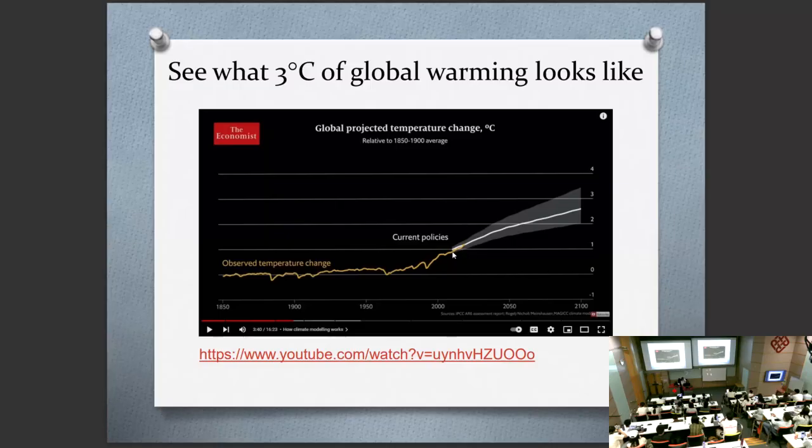If we carry on with our current policy, then probably by the end of this century the global temperature would be 2.5, 2.6 degrees higher than the pre-industrial level. There would be some uncertainty, but anyway, we are approaching a rise of more than 2 degrees in global temperature.